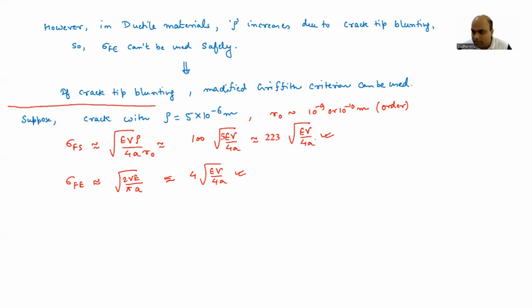Okay, now let me talk quickly about the modified Griffith criteria, which includes some plasticity term, and then close this lecture. Okay. So we have discussed Griffith criteria that is valid for brittle material. Now what happens if we have a little amount of plasticity, not a very great amount of plasticity?